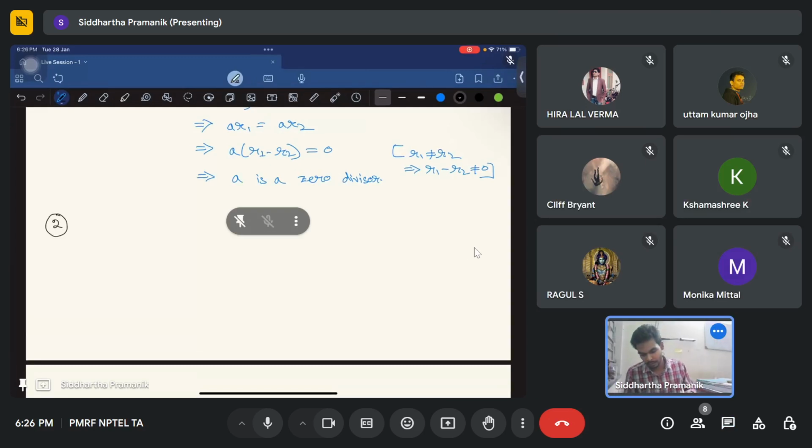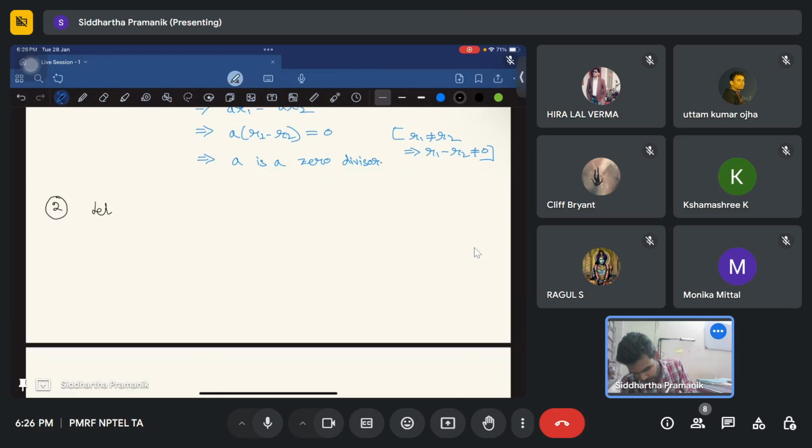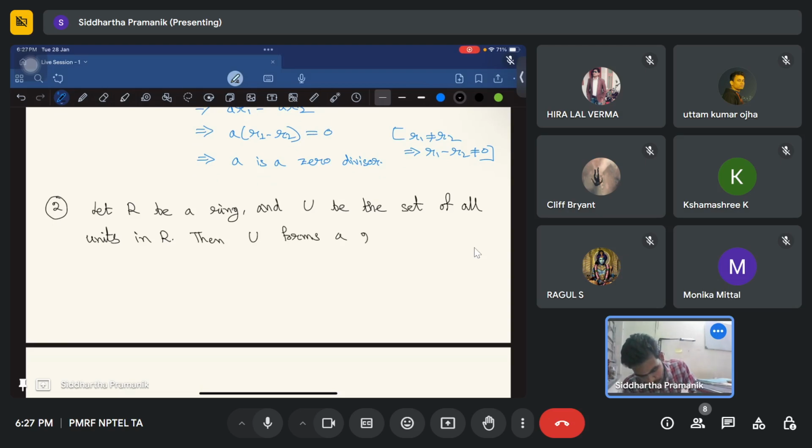Okay, so in a ring, let R be a ring, and let's say U be the set of all units in R. So I'm just collecting all the units in R and I'm calling that set U. Then U forms a group with respect to the multiplication of the ring.